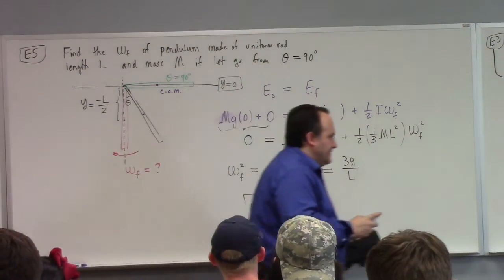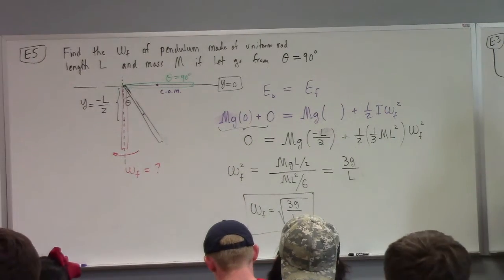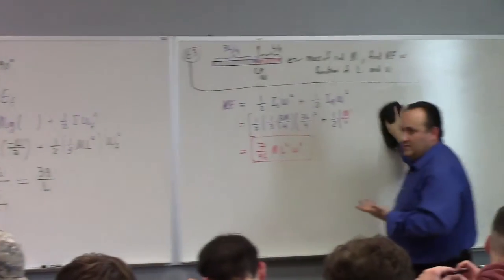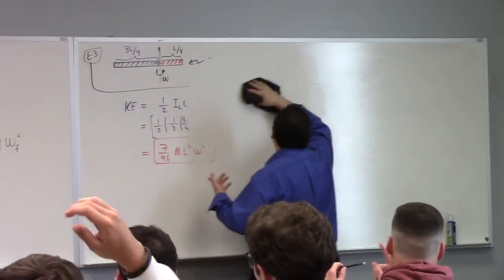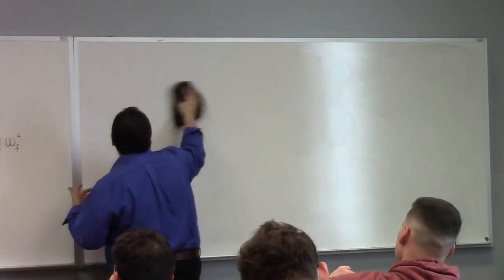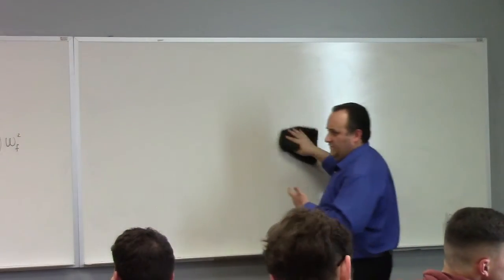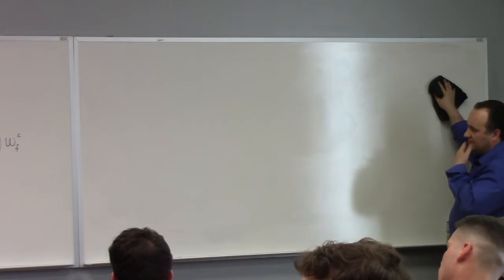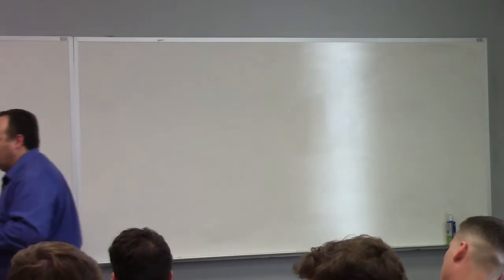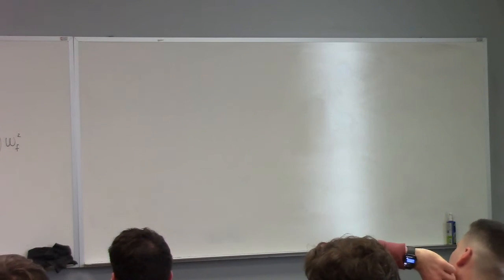Here's one that's a little bit more challenging. It doesn't look more challenging, but it is actually subtle, this last example. So the idea is very similar. In this last example, we imagine holding a uniform rod at a pivot point, all right?